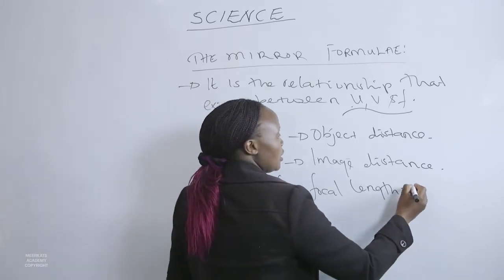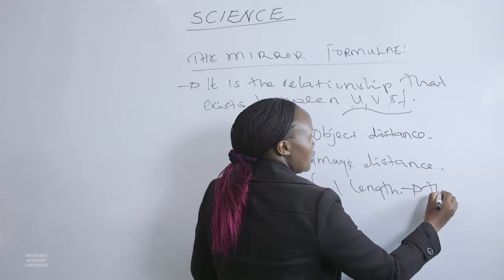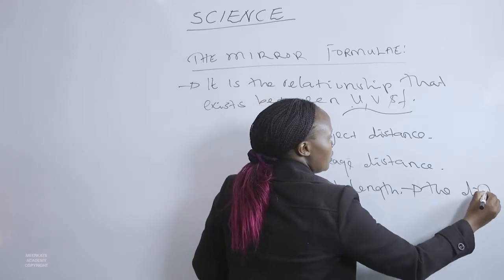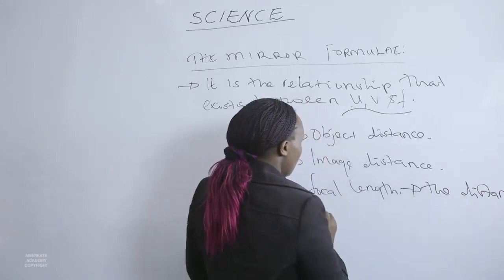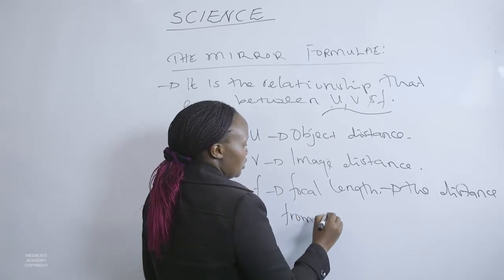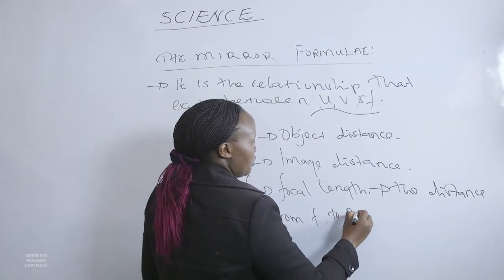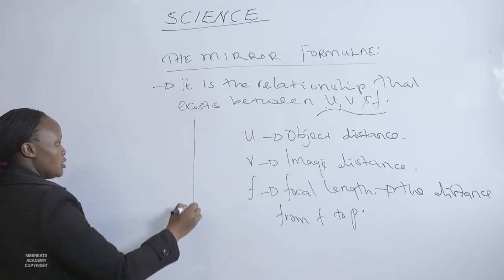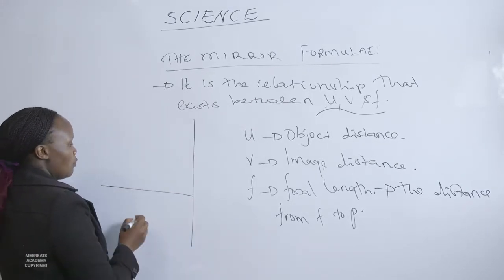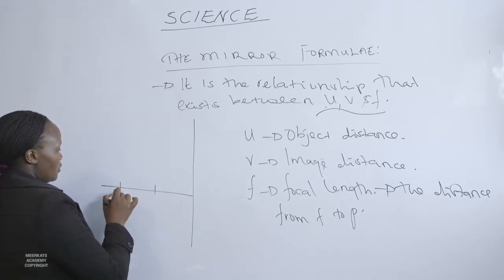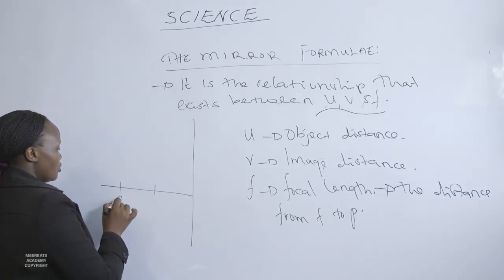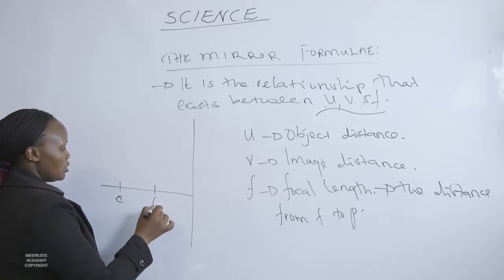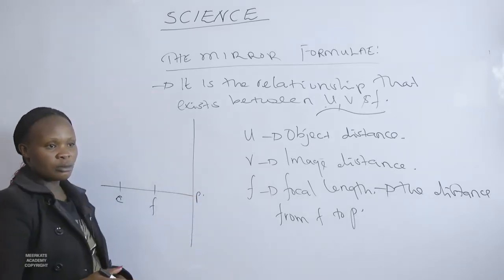The focal length is actually the distance from F to P. Now remember, we looked at some parts of a reflector where we said we could call this C, this is F, and this one is the pole.